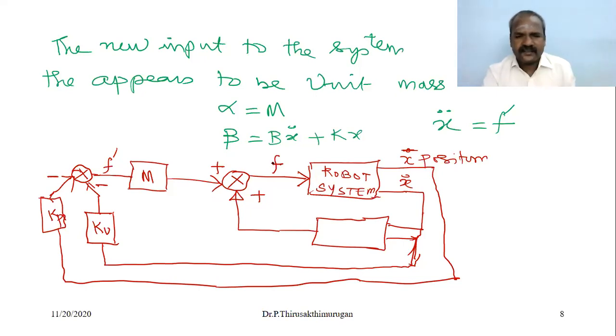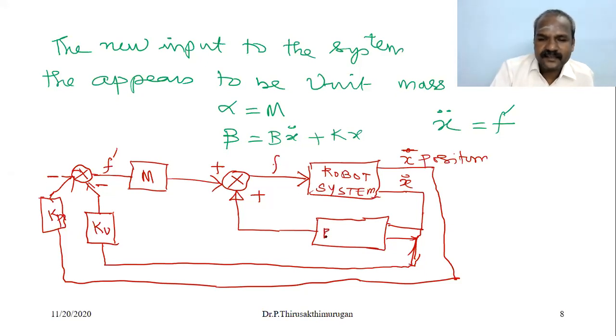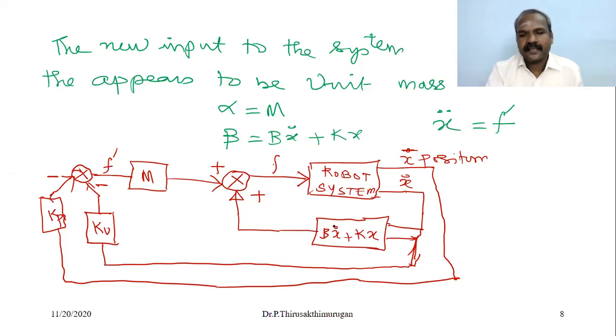So what is f actually? So what is here? This is nothing but b x dash plus k x. So from the x dash, it is fed to here. Sorry, I made one mistake.